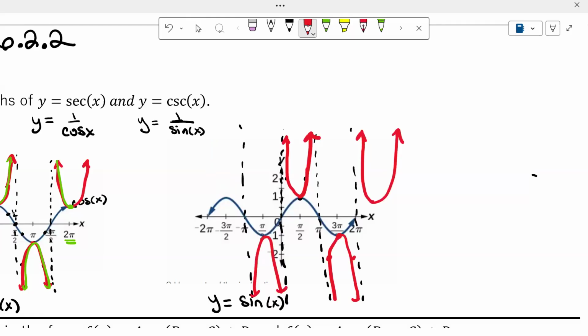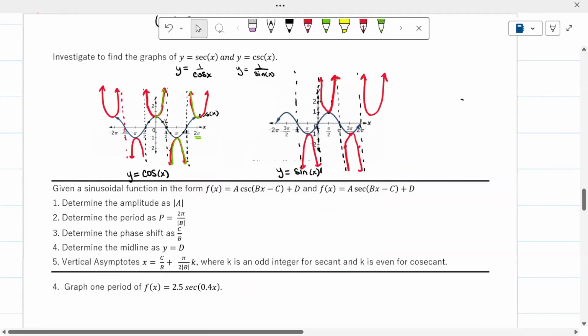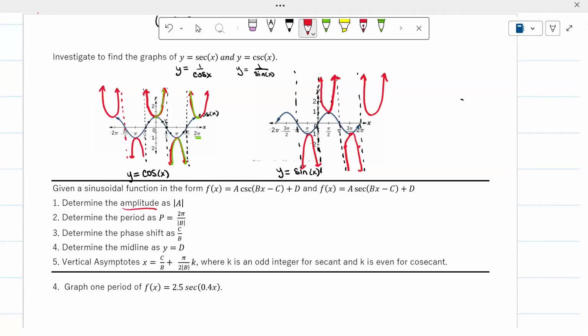Here is our box of information, just like we had for sine, cosine, and tangent. Amplitude is a tricky word to use here, because it's really going to help us find either the minimum or the maximum of those U shapes, for cosine or very similarly for sine, and for the secant and cosecant functions. The original period is 2 pi, so if we have an alteration to the period, we divide that by b.